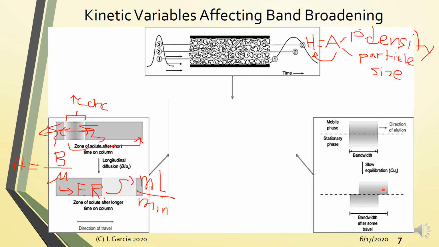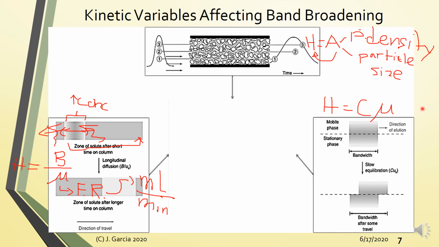Equally, solute molecules in the mobile phase will not have enough time to go towards the stationary phase. So in relation to your theoretical plate height, this is the relationship: H is equal to C times mu. Here you have a direct relationship between the mobile phase flow rate and your theoretical plate height.